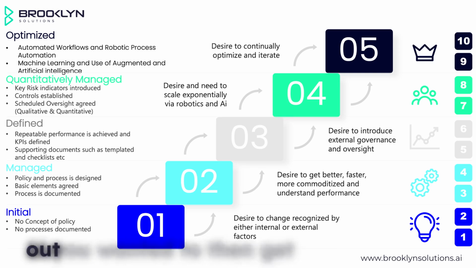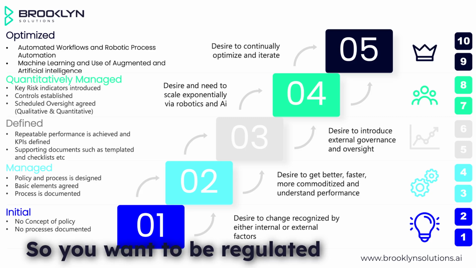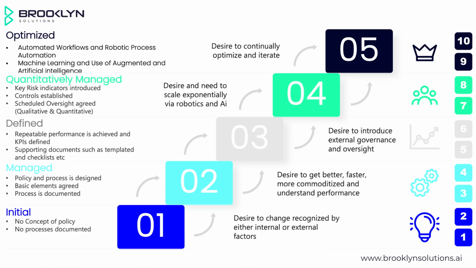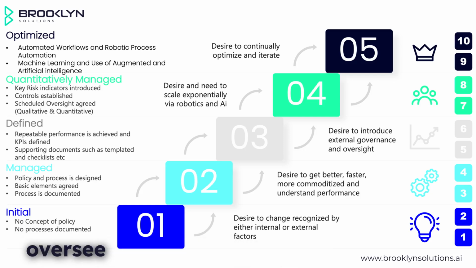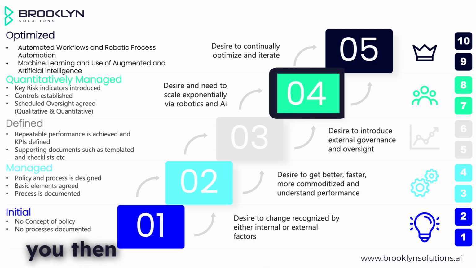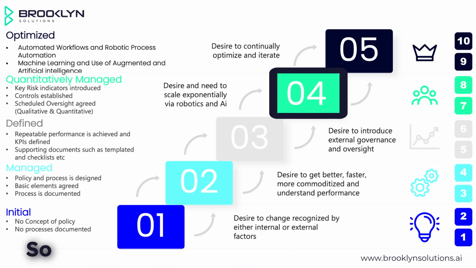If you want to get out of stage 3, you need a desire to introduce external governance and oversight. You want to be regulated to some degree by some internal body or higher power that's going to oversee what you're doing. Then you get to level 4, quantitatively managed. You've got not just key performance indicators, but key risk indicators.